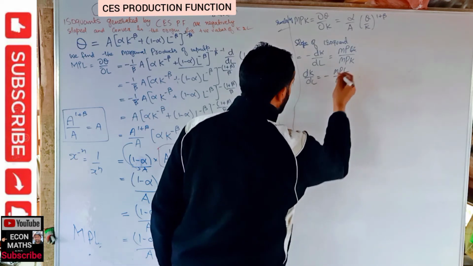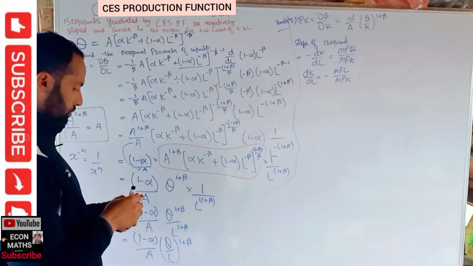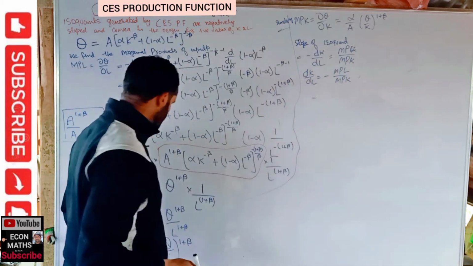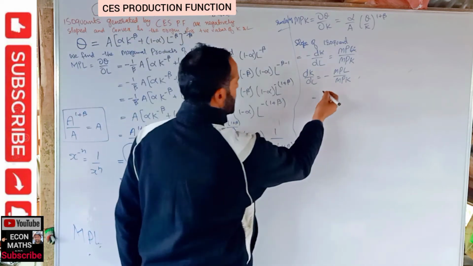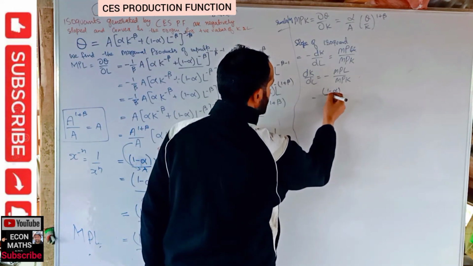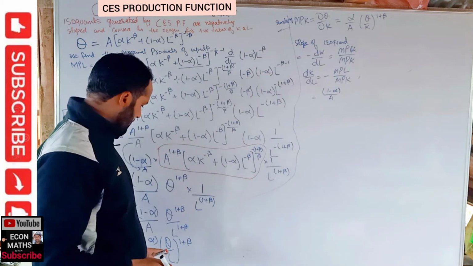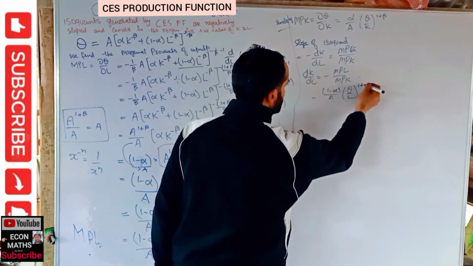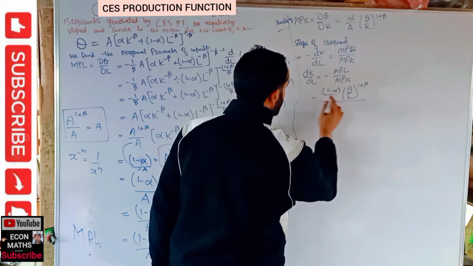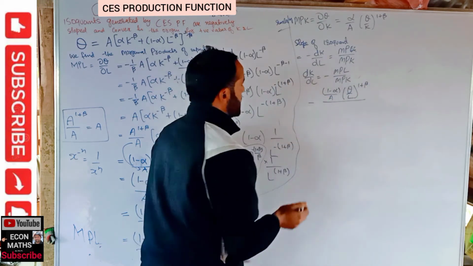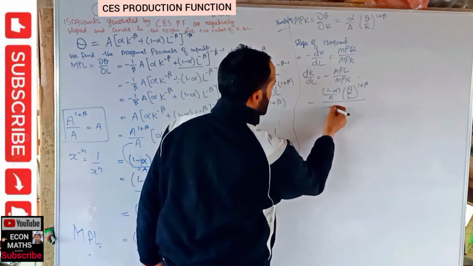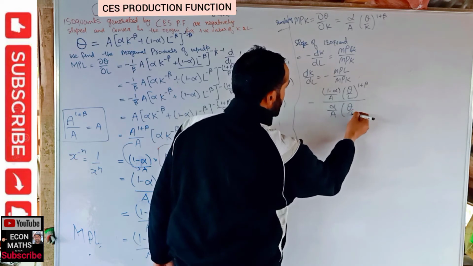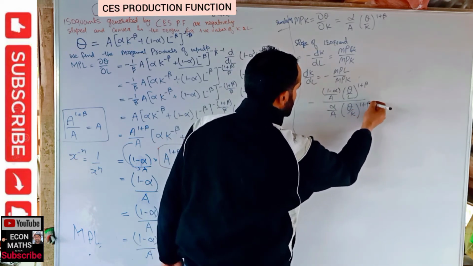Now our marginal productivity of labor is this, so we will write that very function in place of this. We have 1 minus alpha divided by A, Q divided by L to the power 1 plus beta, divided by MPK. Our MPK is this, so I will write here alpha divided by A, Q divided by K to the power 1 plus beta.